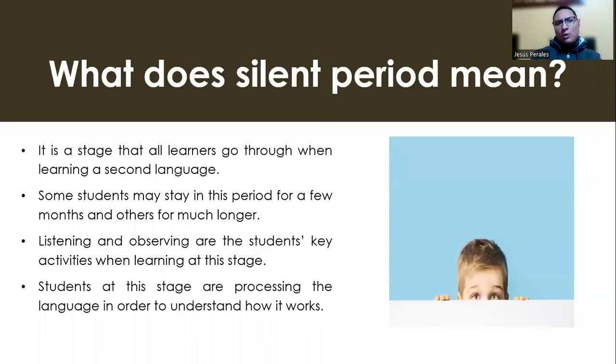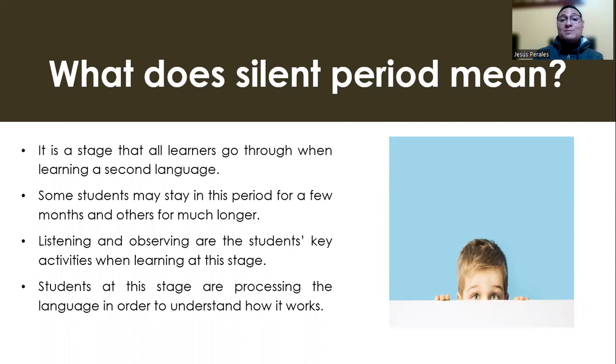First, you may wonder what silent period is. What does silent period mean? Well, just in a few words, the silent period is that phase in which students are not speaking the language they are learning.